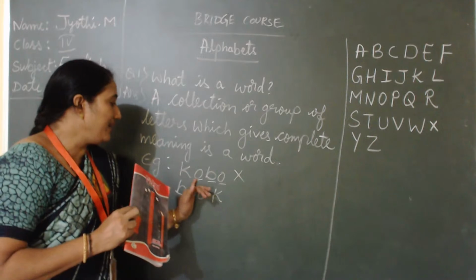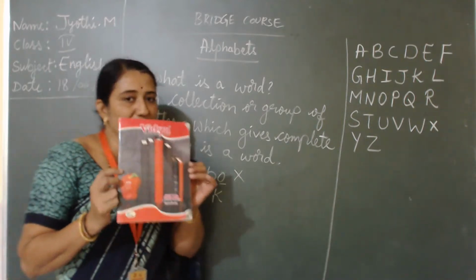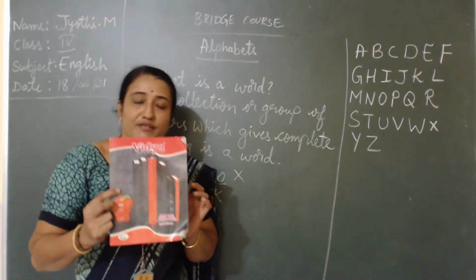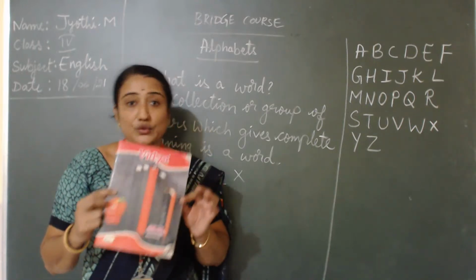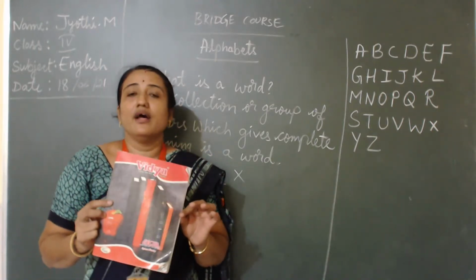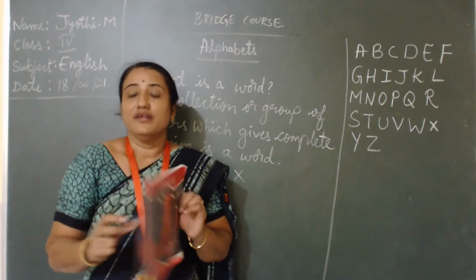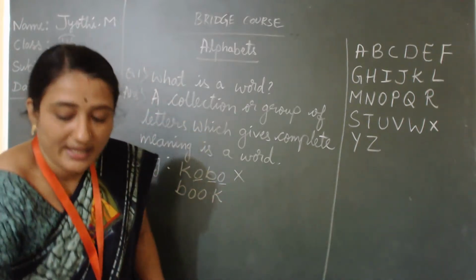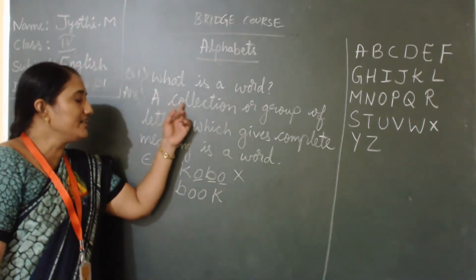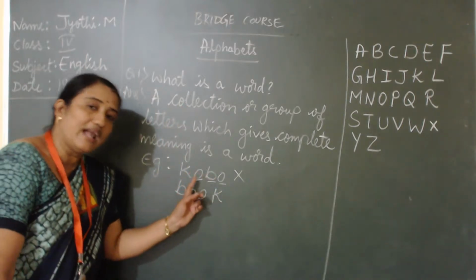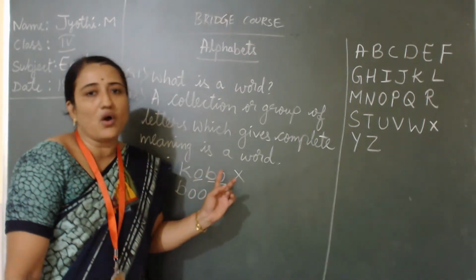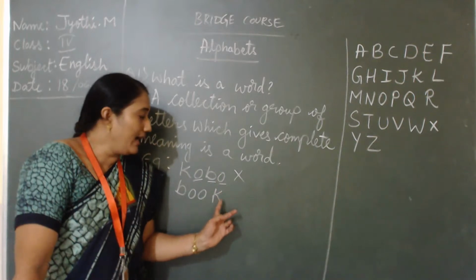We have unjumbled the letters and formed a word. A book is used to write. Some books are used to read, some to practice, some to draw. It has a meaning of its own. So what is a word, children? In the same way, when you put the alphabets in a systematic order, you get a meaning.